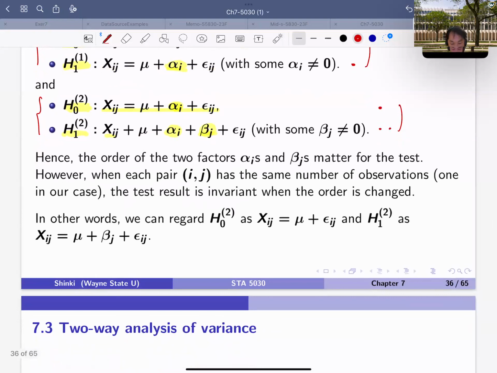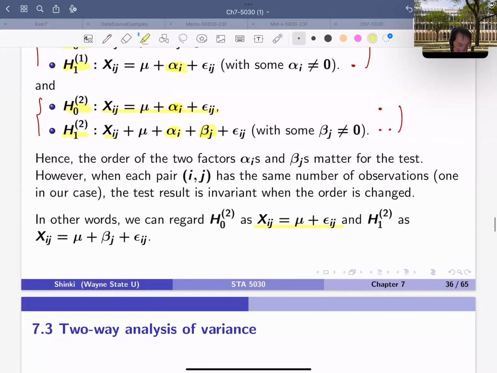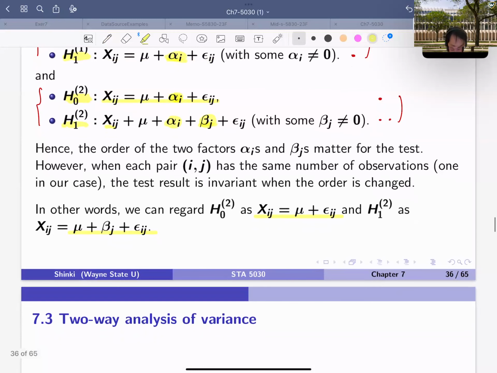This is a kind of lucky case. In this case, the second test can also be interpreted as x_ij equals mu plus epsilon_ij against x_ij equals mu plus beta_j plus epsilon_ij.